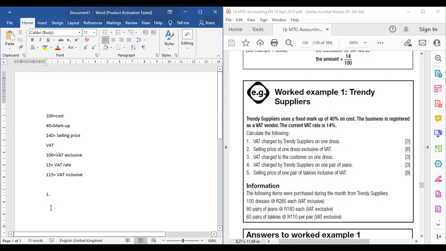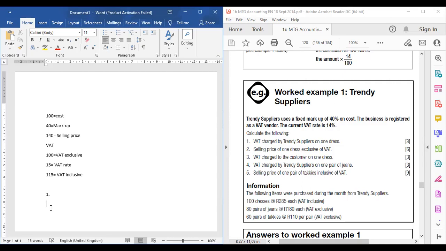I want you to note that the VAT that trendy suppliers charged is the VAT that trendy suppliers charges to the customer. And in the information, they're talking about purchases, what was purchased during the month from trendy suppliers. So now we want to calculate how much VAT was charged to the customer, on one dress.